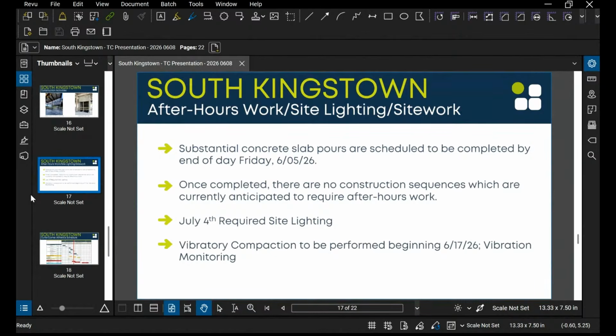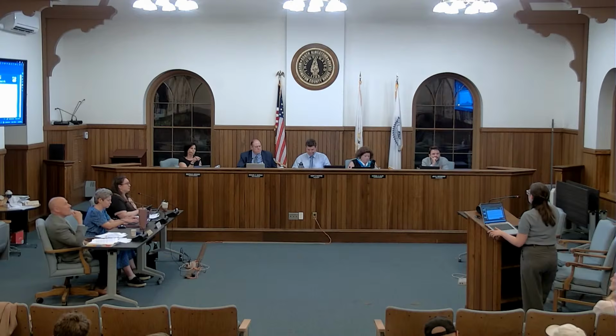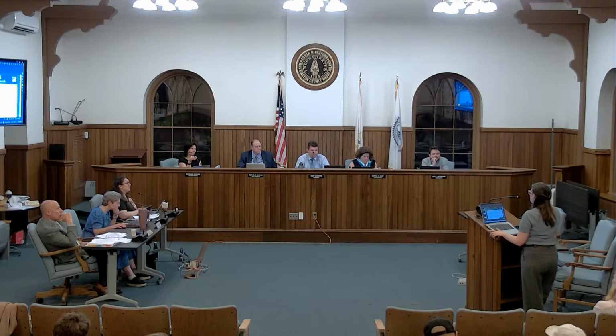The only other item that I will add is we are bringing back our vibration monitoring. We're going to be doing some site work where the new faculty parking lot is going to be. It's where the existing contractor parking is on the rear of the site closest to Branch Street. So we'll be raising the grade. We have to do that in several levels. It does include vibratory compaction, which is a disruptive activity to a lot of our neighbors.